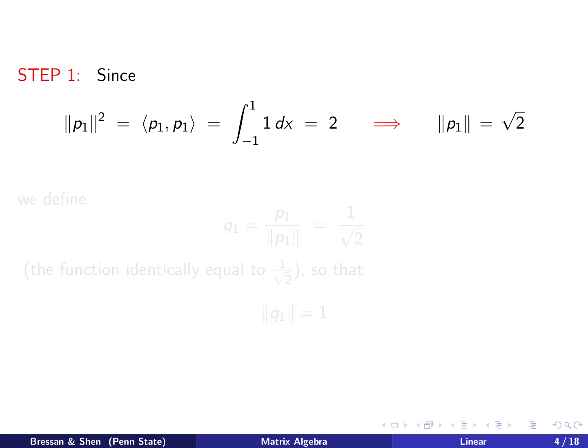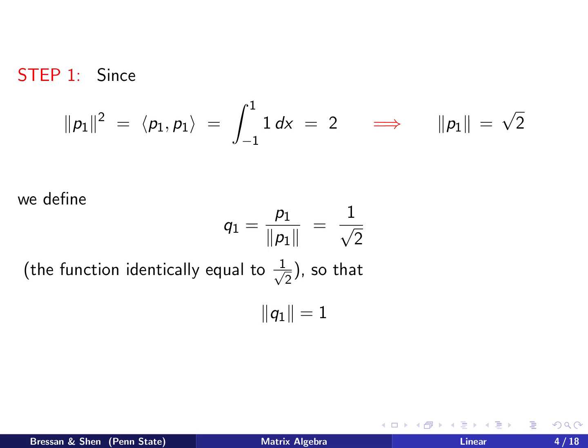The norm of P1 squared would be the inner product of P1 with itself, and that's the integral from -1 to 1 of 1 times 1, which is 1, and this integral is 2. Therefore, the norm of P1 would be the square root of 2.